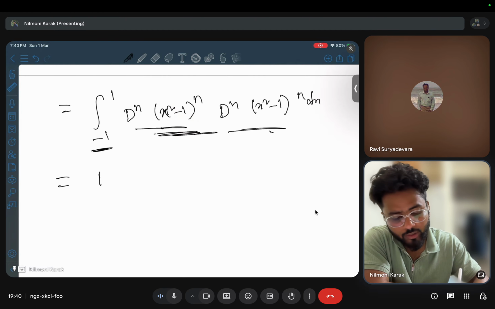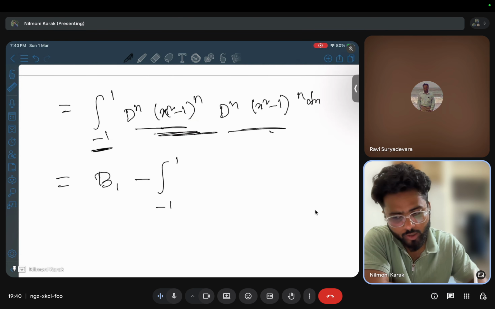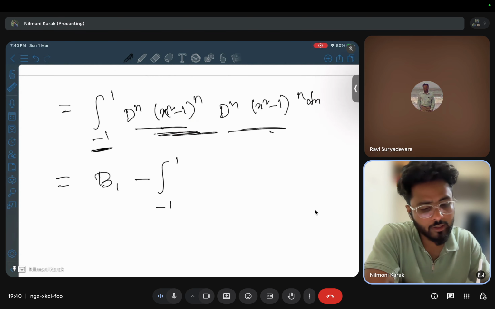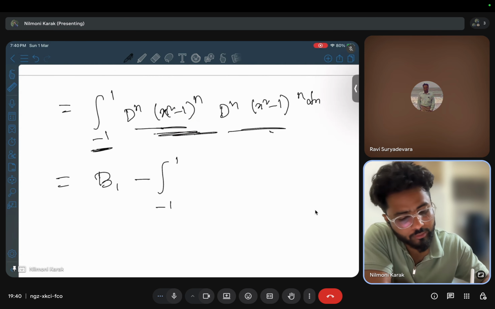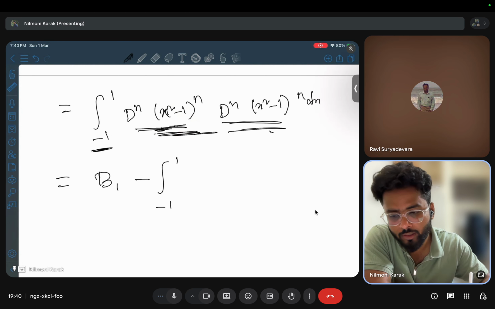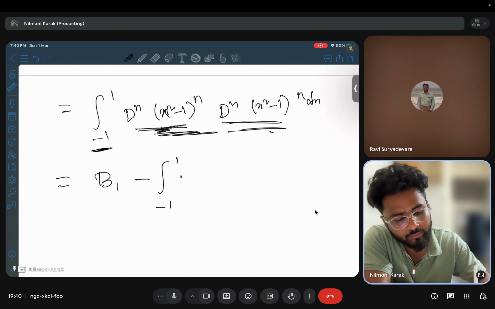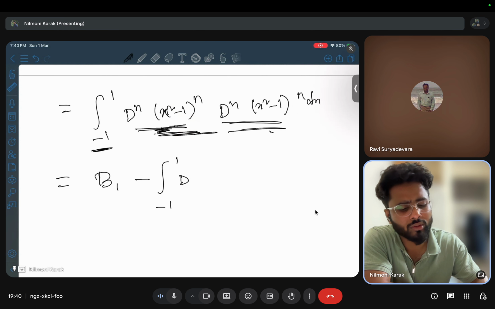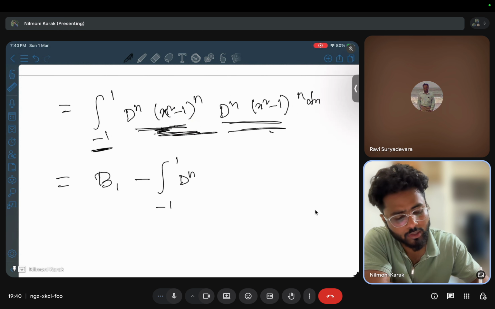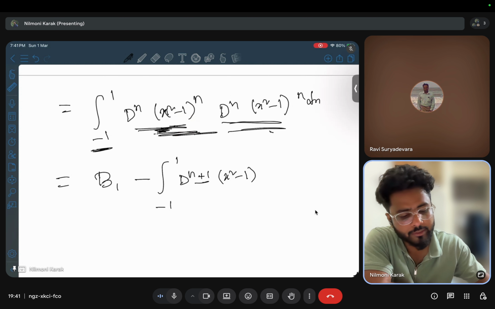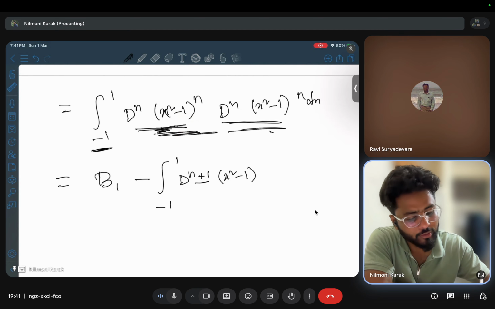So this is the first function and this is the second function. Since both are the same, you can take either one.